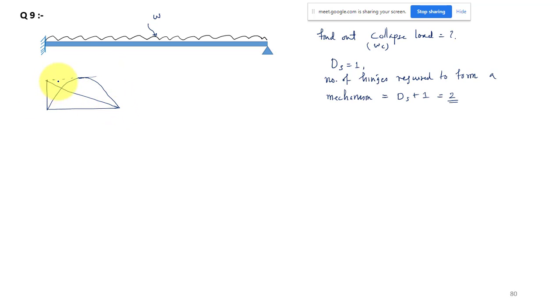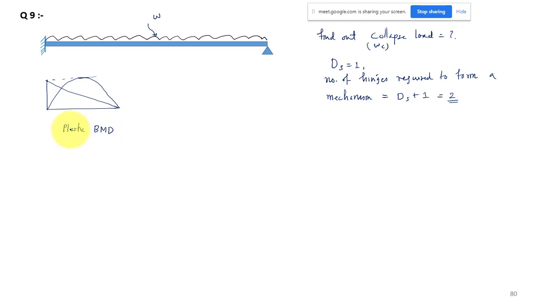This is your moment diagram. This will be your plastic bending moment diagram.